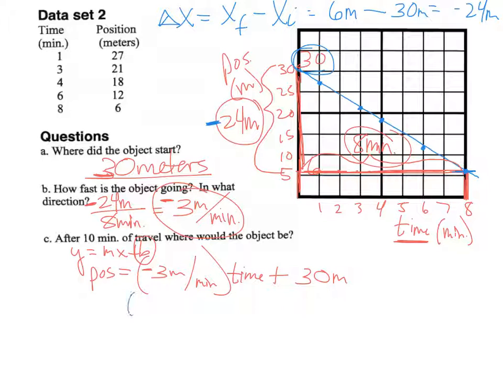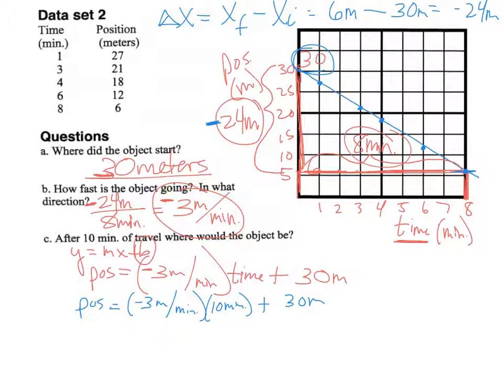So I'm going to keep all this stuff: negative 3 meters for every minute times the time, which was 10 minutes, plus the 30 meters, which was the y-intercept. I can't forget that's there.